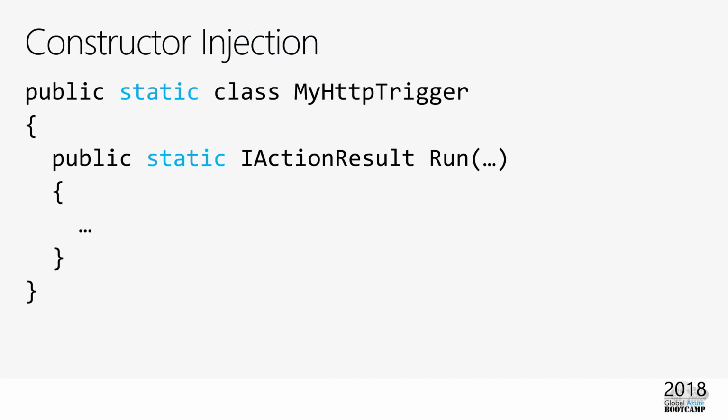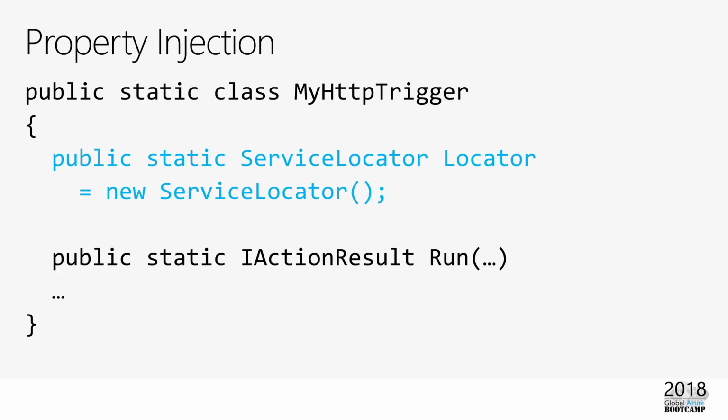So this is how constructor injection works. But a function has a static modifier, which means there is no constructor, right? So constructor injection, we cannot use it. The other 2 options, we can still use.